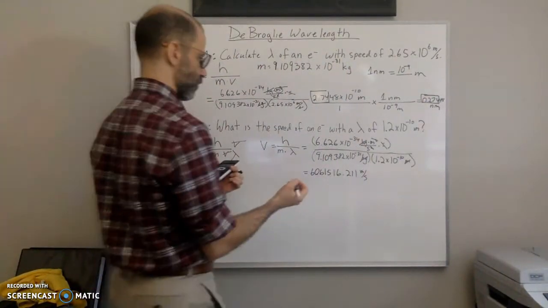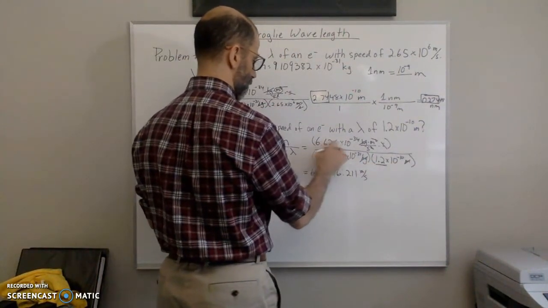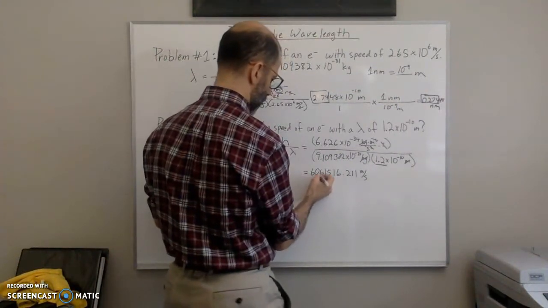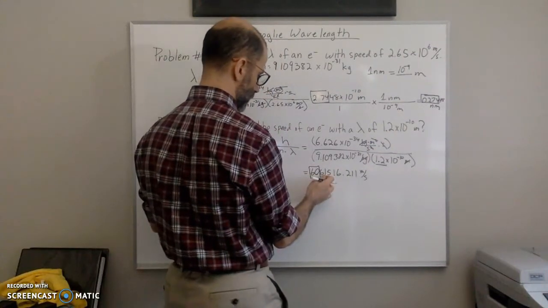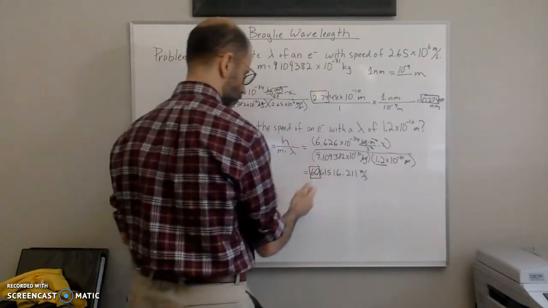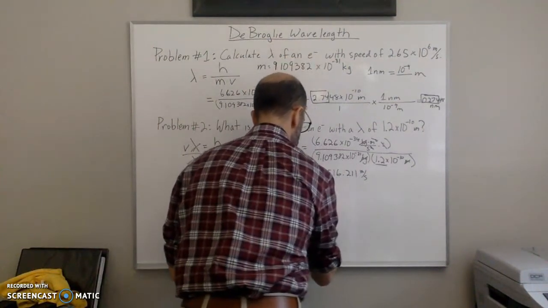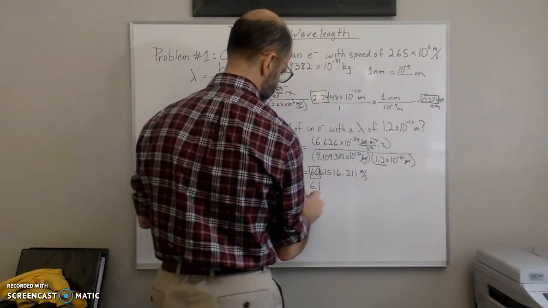I'm only allowed a certain number of digits. I have 2 sig figs, I have a bunch here, and I have 4 there. So the least number is 2. So I have to cut it off at the 0 here. So that's a 6, and I'm going to round this 0 to a 1. So it's going to be 6.1, and then I'm going to write it in scientific notation.